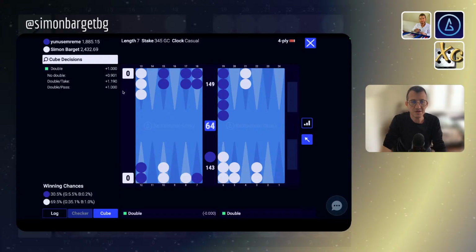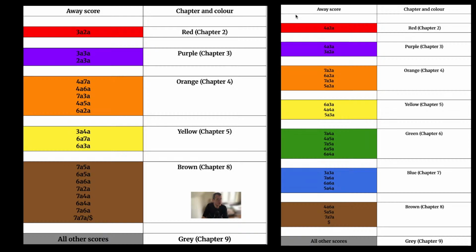Now, the way the spectrum fits in with this: if this is worth 1.19 as a double take at 7 away, 7 away, then if we look at the right-hand side, because it's a gammonish position, if we were to double this at 4 away, 2 away, it might be worth like 1.6.